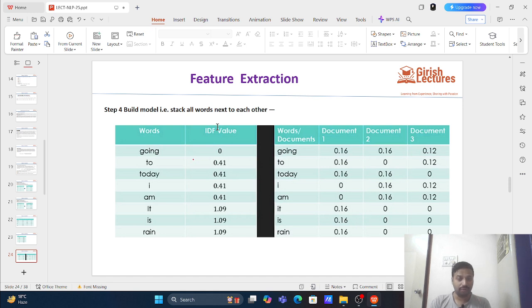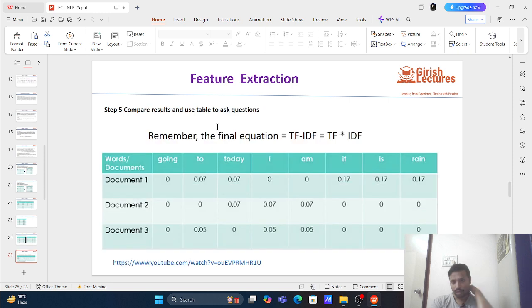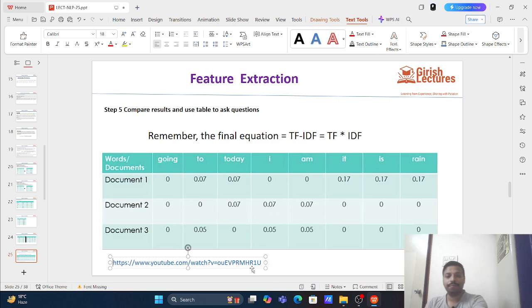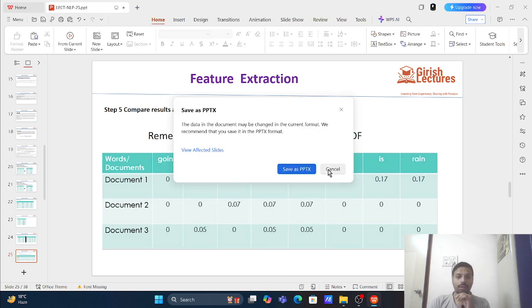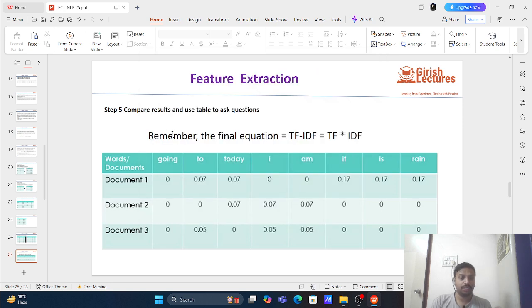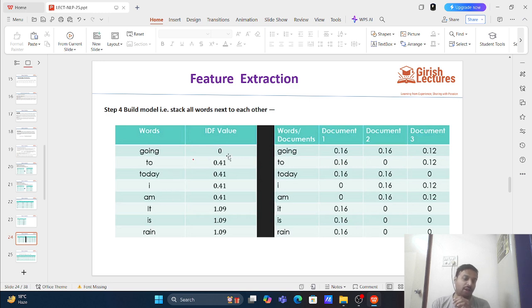Now it is time to multiply both the values. So whenever I multiply the term frequency of going with respect to a document and its IDF, these are the values we get after multiplying them. So for document 1, going we got 0, because we already have an IDF value of 0 here.